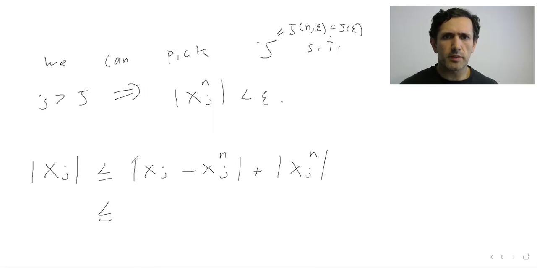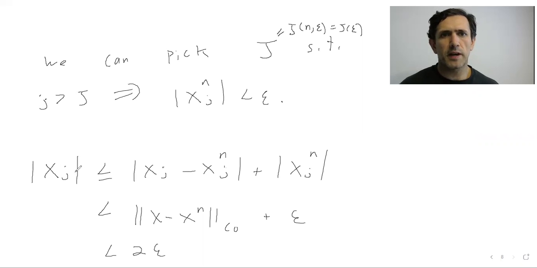Again, this is certainly less than or equal to the sup over all j of these absolute values, so that's the norm. Well, j is bigger than big J, so this is less than epsilon. So that's 2 epsilon. So we found a big J depending on epsilon, where little j bigger than big J implies the absolute value of xj is less than 2 epsilon. So that implies that x is in C0.